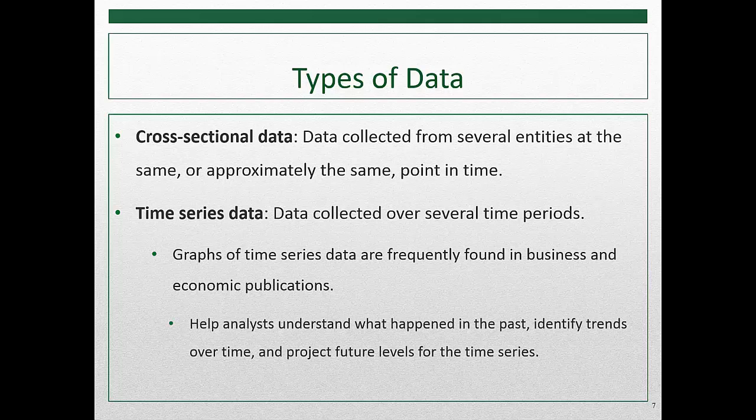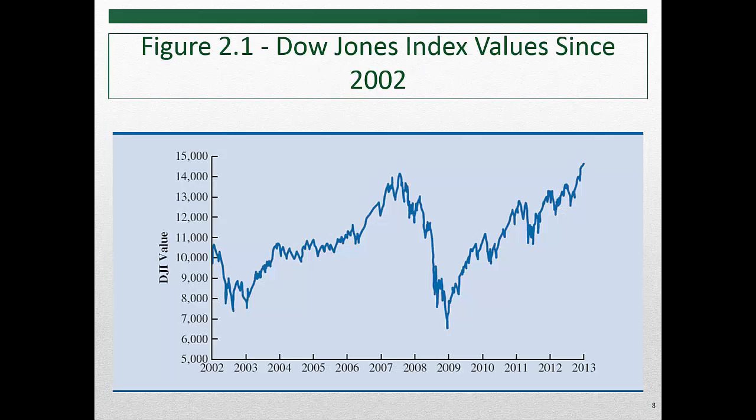The next part is the time series data, and it is easy to understand that data collected over several time periods are considered time series data. Let's look at an example here. This Figure 2.1 illustrates that the DJI was near 10,000 in 2002 and climbed to above 14,000 in 2007.